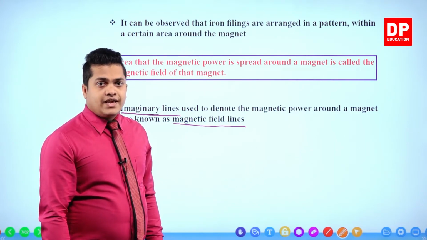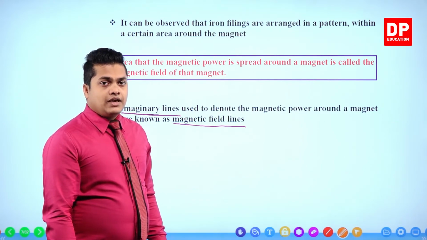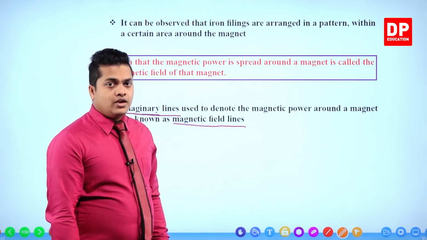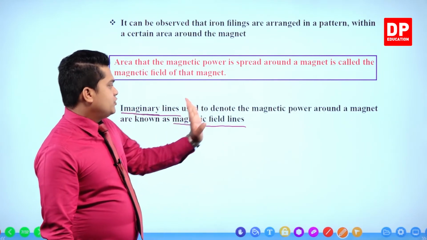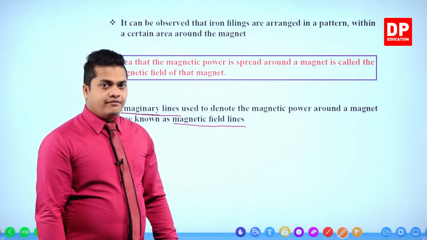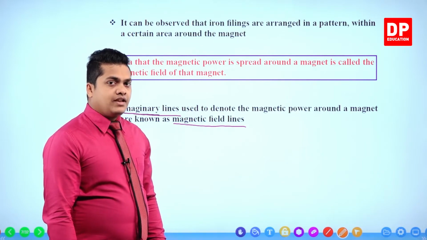These lines are imaginary, and they are referred to as magnetic field lines. The imaginary lines used to denote the magnetic power around a magnet are known as magnetic field lines.